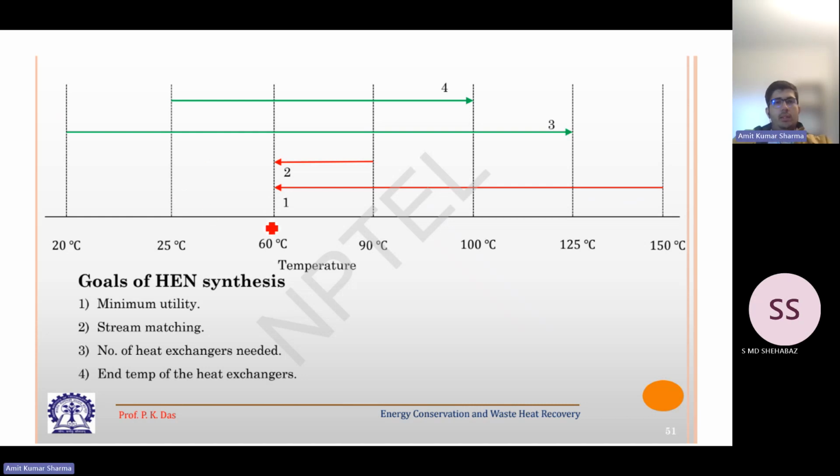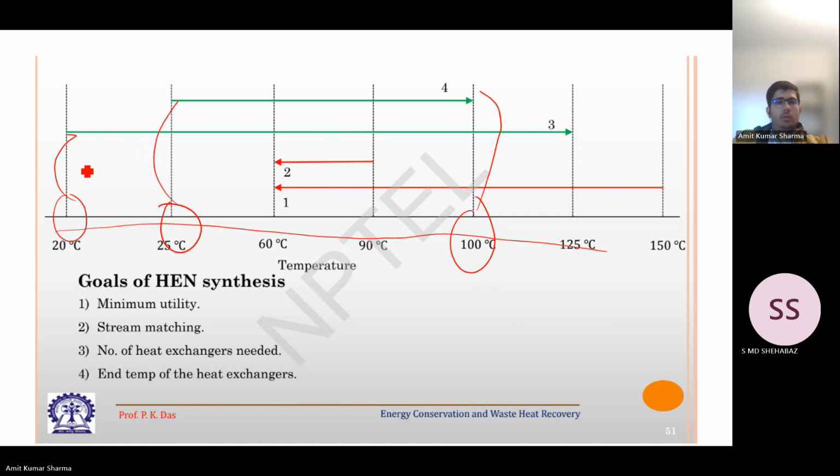So we can arrange these in this table. Okay. So it's 20, 25, 60, 90, 100. You can see stream 4 is from 25 to 100. This from 20 to 125.